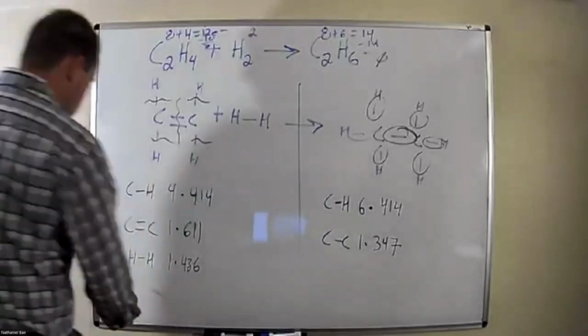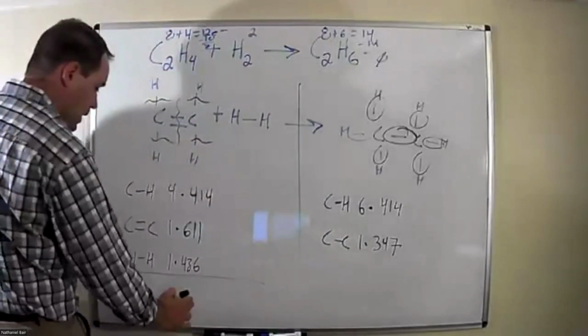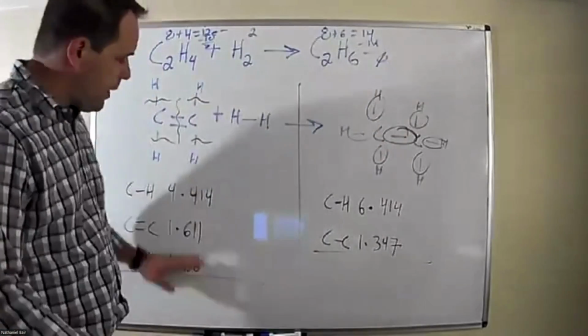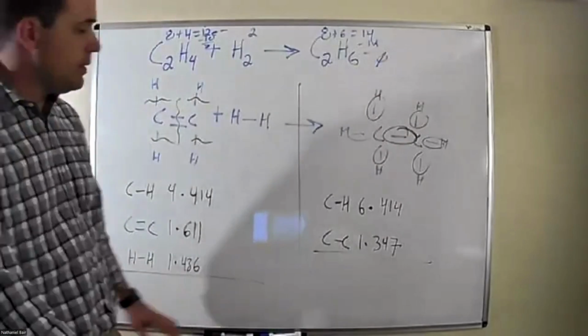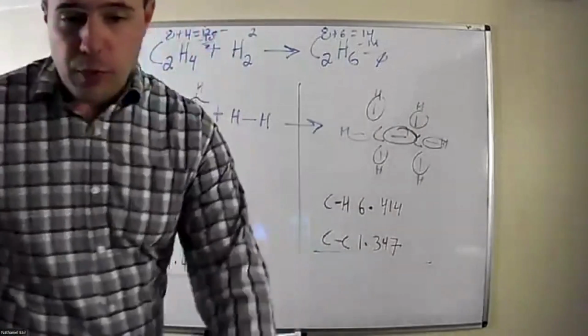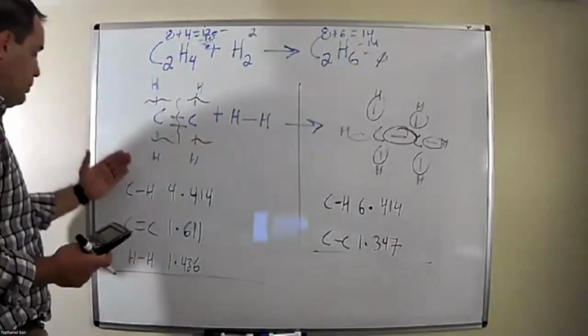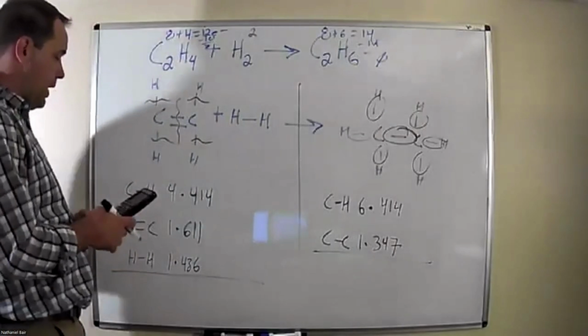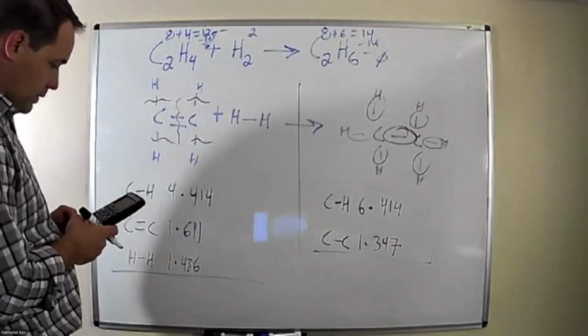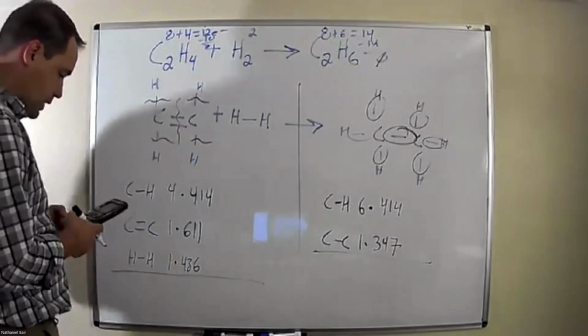Cool. Awesome. So we're going to add these all up. We're going to get the total amount of energy we're putting in to break these bonds, and the total amount of energy we get back that's released when we create the new product bonds. So how much energy do we need to put in to break up the reactants? 4 times 414 plus 611 plus 436.